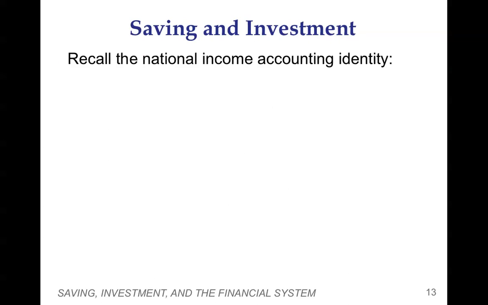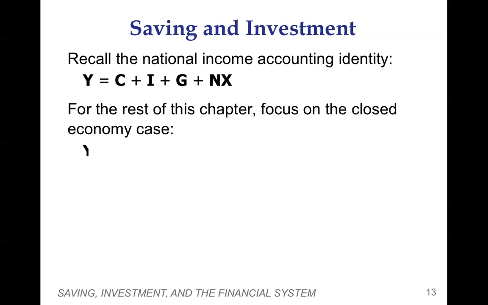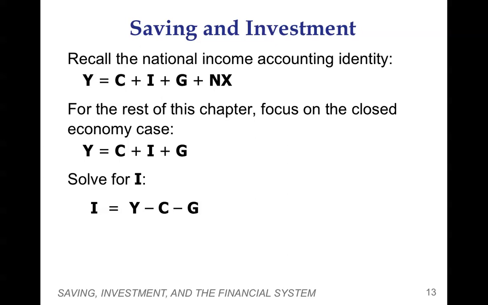Okay, now recall the national income accounting identity: Y is equal to C plus I plus G plus net exports. In this chapter, we're going to look at the closed economy case, which is Y is equal to C plus I plus G. We'll solve for I, or investment is equal to income minus consumption minus government spending.